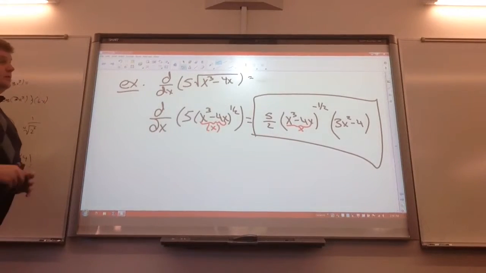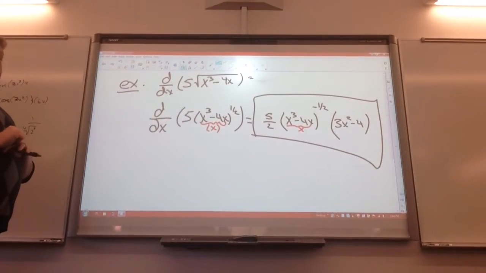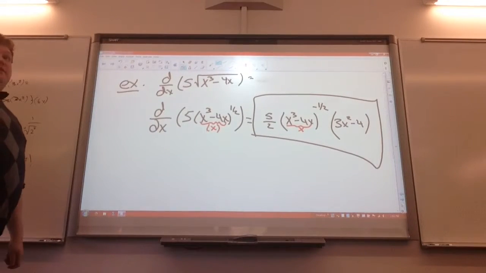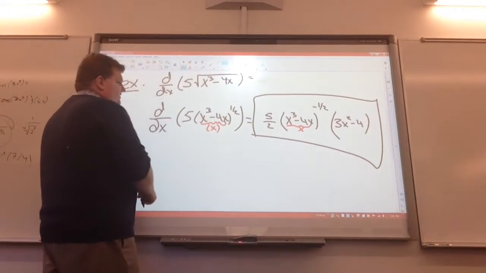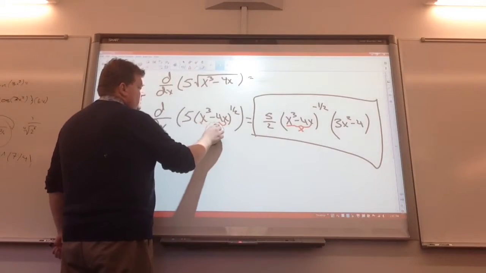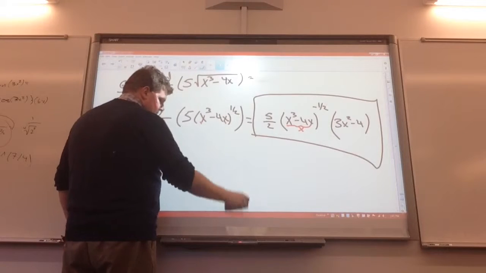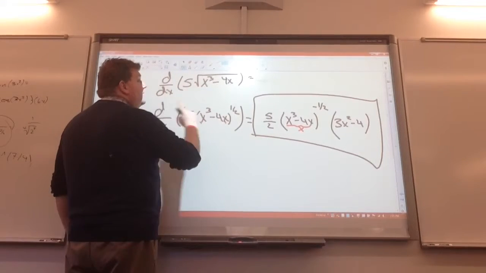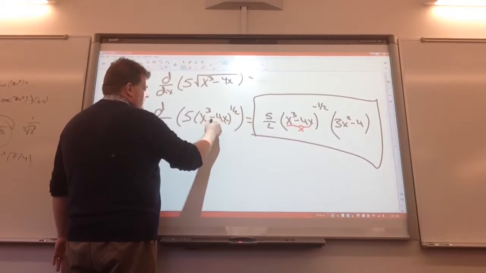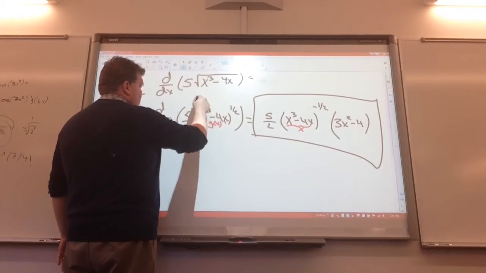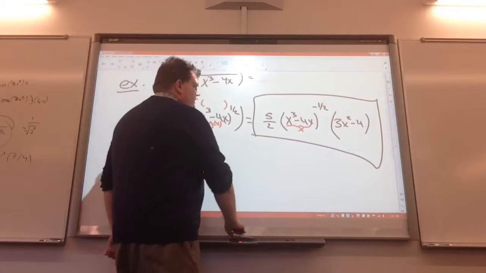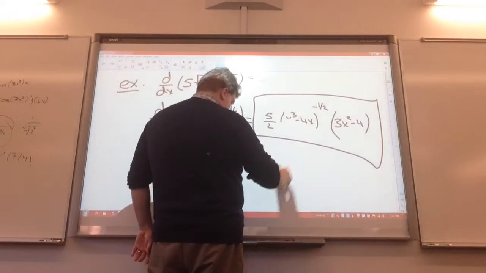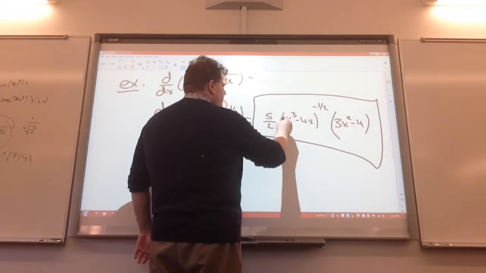Wait, wouldn't the 3x squared minus 4 replace it? It doesn't replace the stuff on the inside. It's tied on the outside. Basically, if it helps, you can think of this as being g of x, that's the g of x part from the definition, and this is f of g of x. So here, this is 1/2 minus 1.